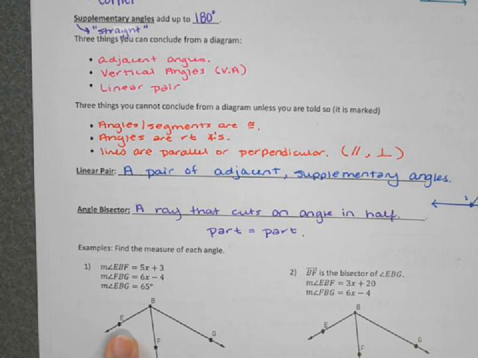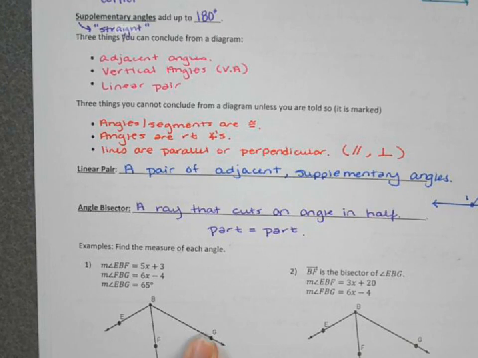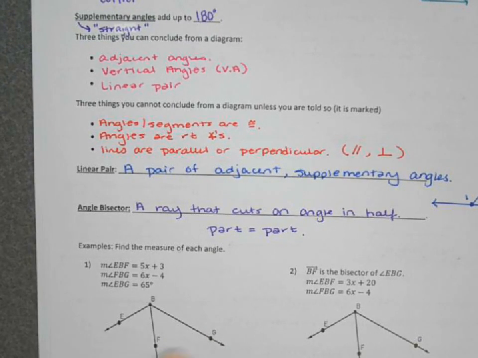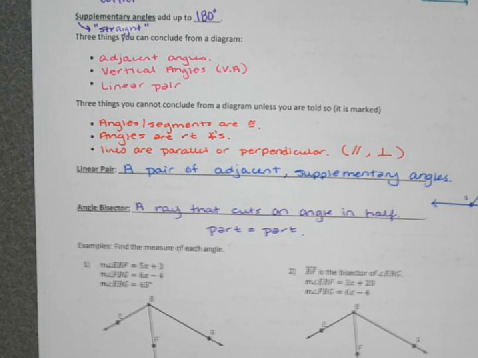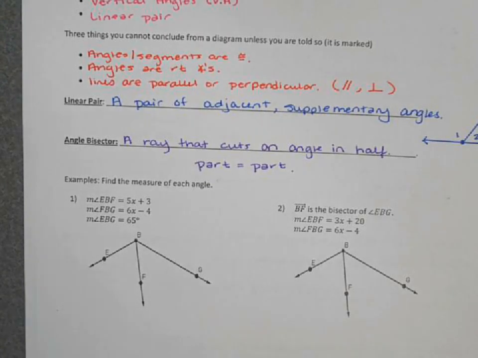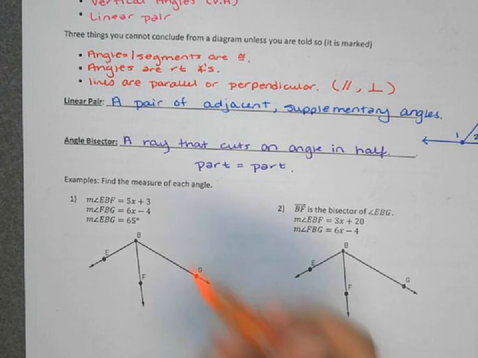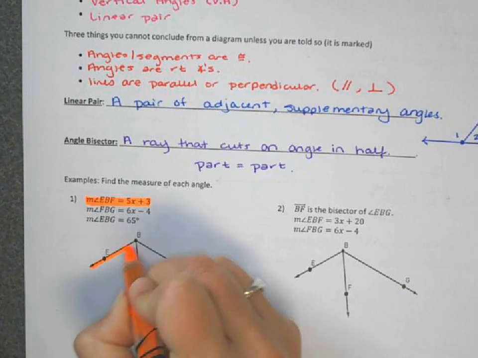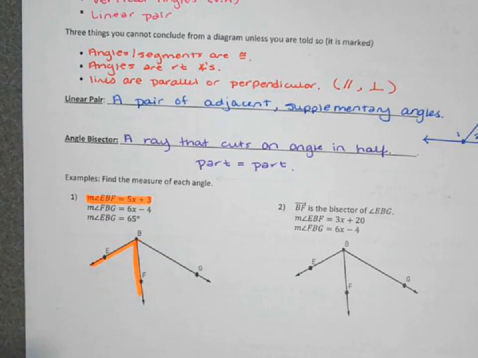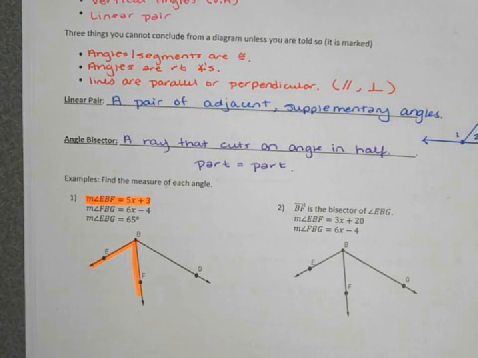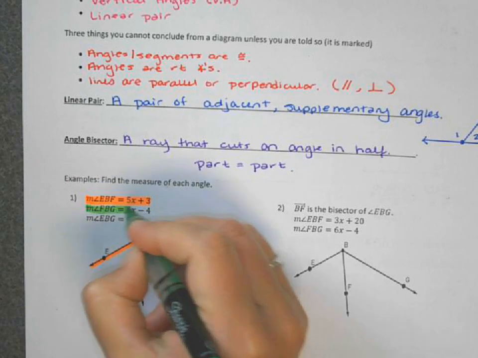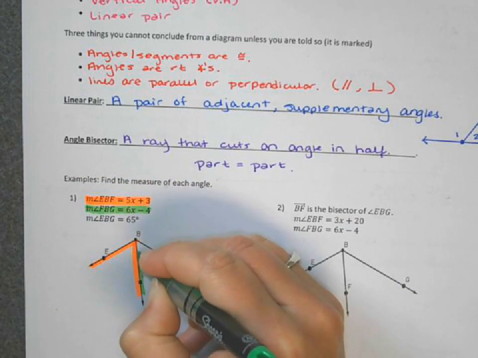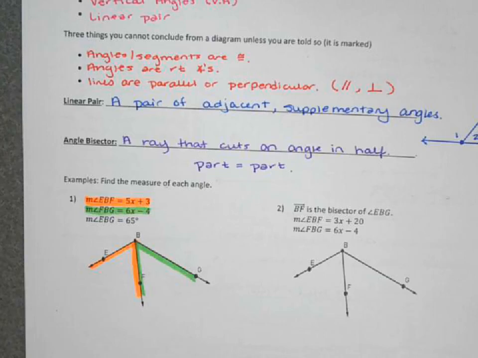Since I know that these are adjacent, I know that this part plus this part must be the entire thing. Because what I'm given here, and I will label it, the measure of angle EBF is this angle here. And the measure of angle FBG is that angle there.